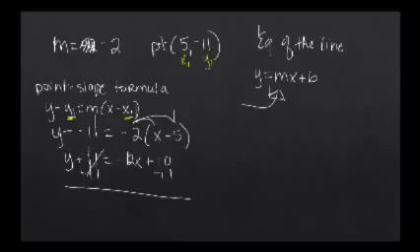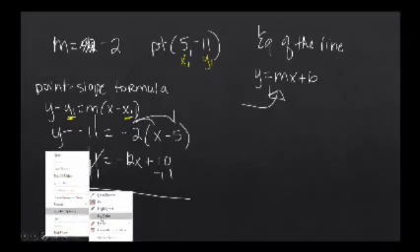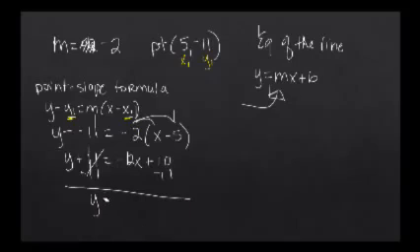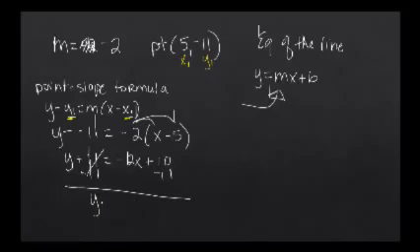So that's going to cancel out, and I'm going to have y equals -2x, and then 10 minus 1 is 9.